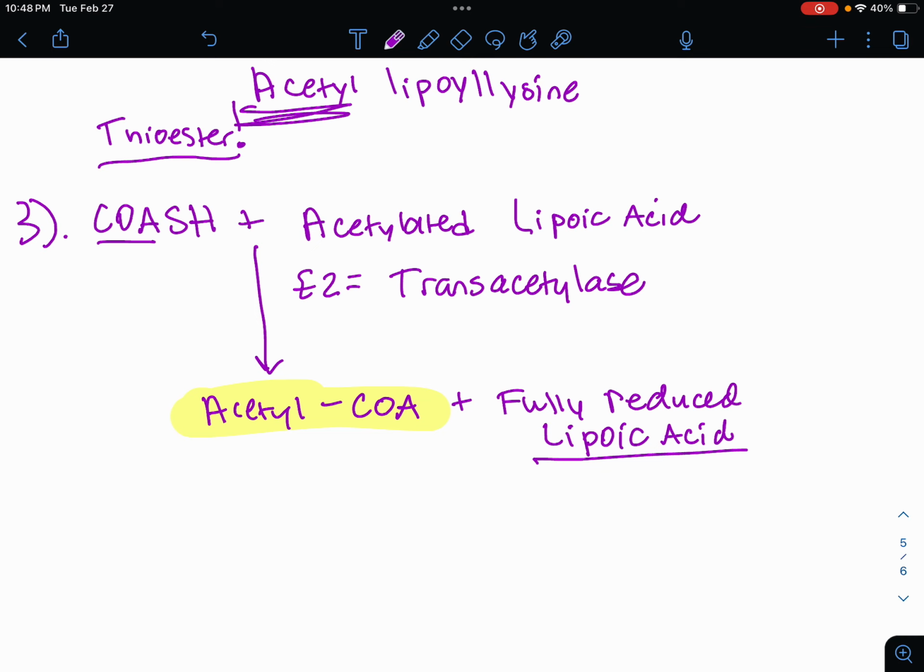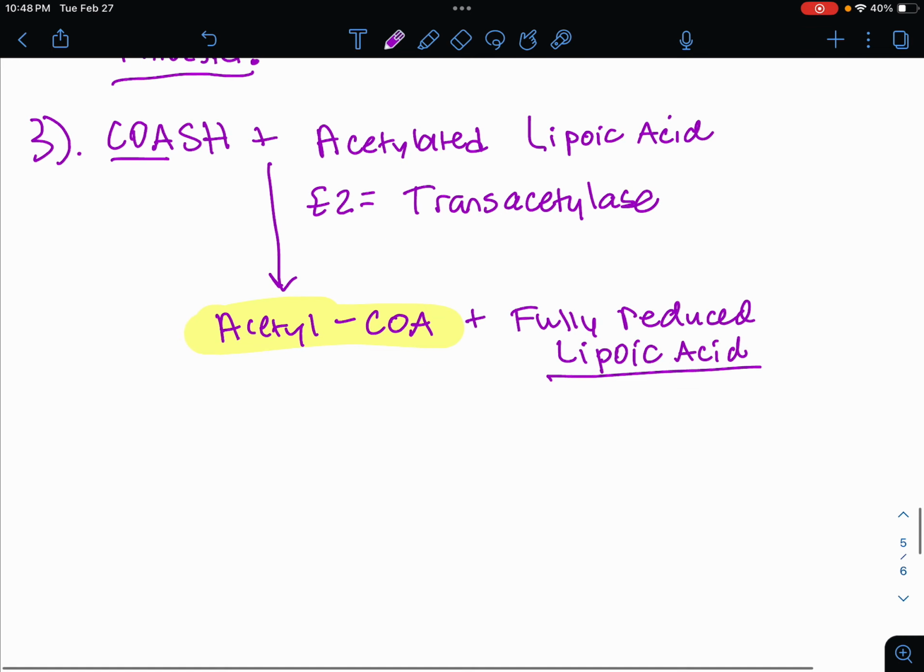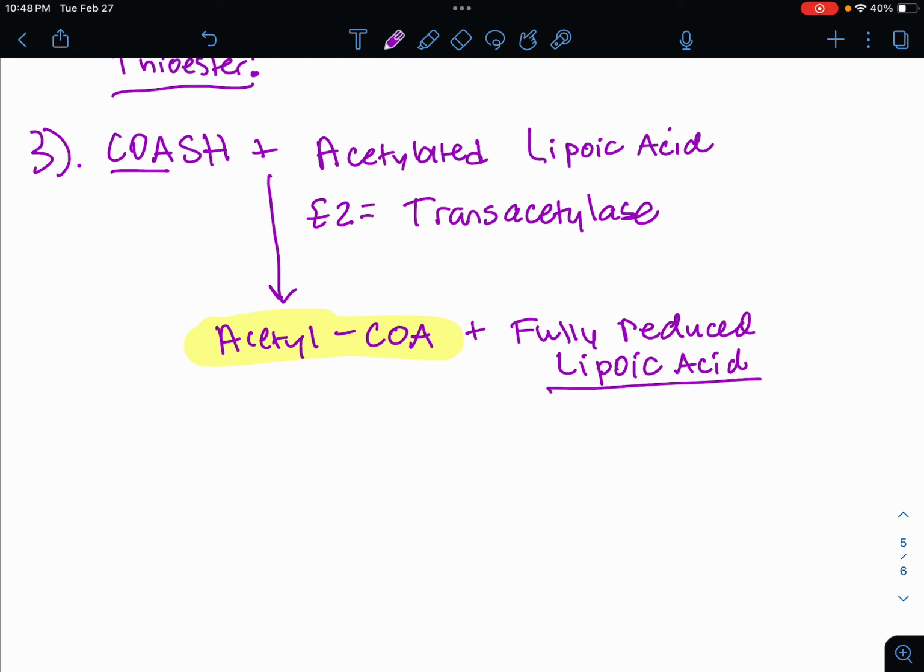So step 4 and step 5 will help us solve that. So again, step 3, we're taking CoA plus the acetylated lipoic acid, and we're going to be using that transacetylase, and we're going to be making acetyl CoA and a fully reduced lipoic acid. We're going to have to restore this, also known as we're going to have to oxidize this again in the next couple of steps. There's a way to regenerate it.